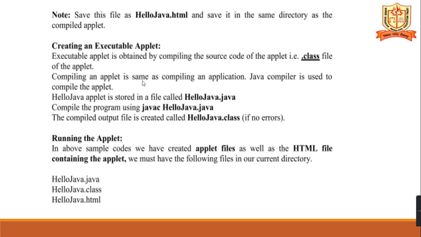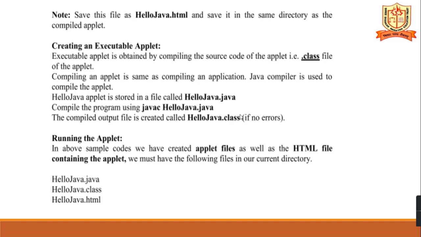Compiling an applet is the same as compiling a normal application. The Java compiler is used to compile the applet. The Hello Java applet is stored in the file called hellojava.java, so you have to compile it. Once your compilation is over, if no errors are there, it will create the .class file.